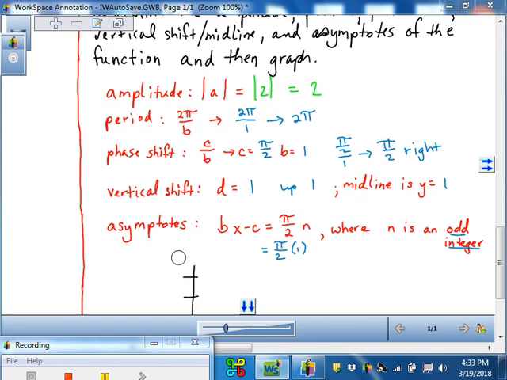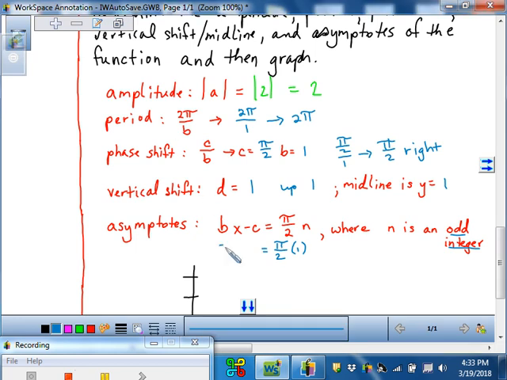So we're going to have x minus pi over 2. And to solve this for x, I'm just going to add pi over 2 to both sides. And we're going to get pi over 2 plus pi over 2, which is just pi. So there's my first asymptote.